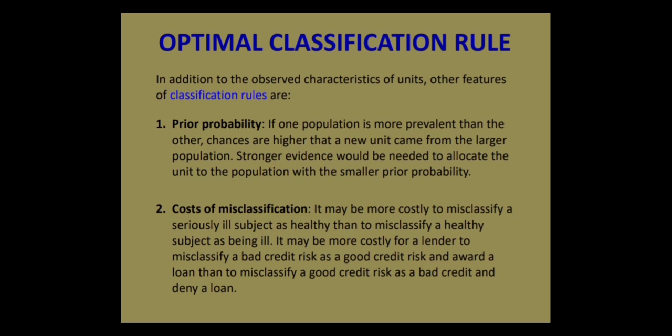Okay, or for another example, it may be more costly for a lender to misclassify a bad credit risk as a good credit risk and award a loan than to misclassify a good credit risk as a bad credit and deny a loan. Okay, so if this cost of misclassification is large, it will be worse, right?